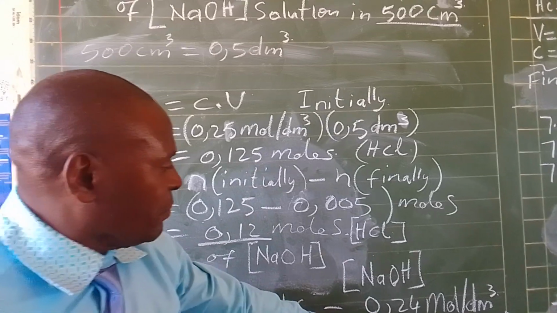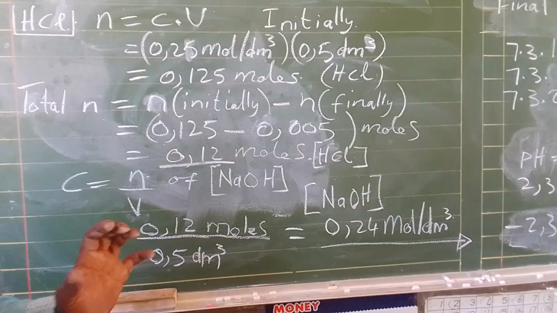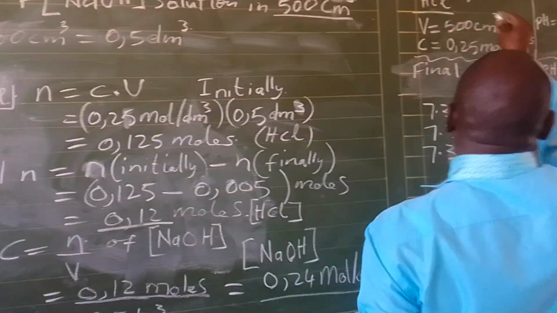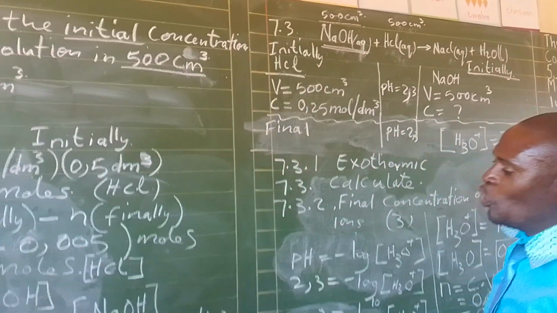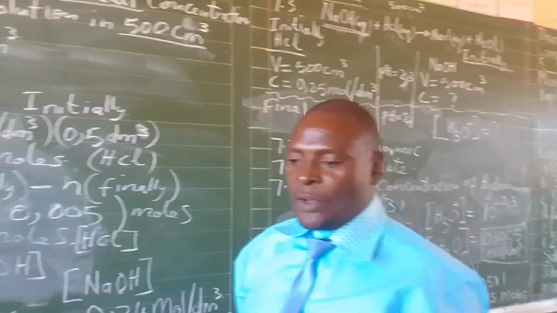Then it ends up as 0.24 moles per decimeter cubed. The initial concentration of sodium hydroxide is 0.24 moles per decimeter cubed.